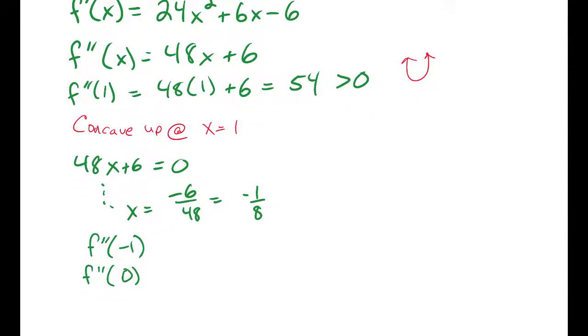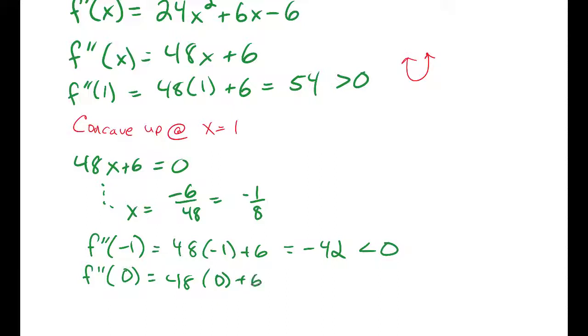So f double prime of negative 1 is 48 times negative 1 plus 6. Just plugging into the second derivative. You get negative 48 plus 6, you should get negative 42, which indicates the function is concave down to the left of our possible inflection point. F double prime of 0 will give us 48 times 0 plus 6, which gives us a positive 6, keyword positive.